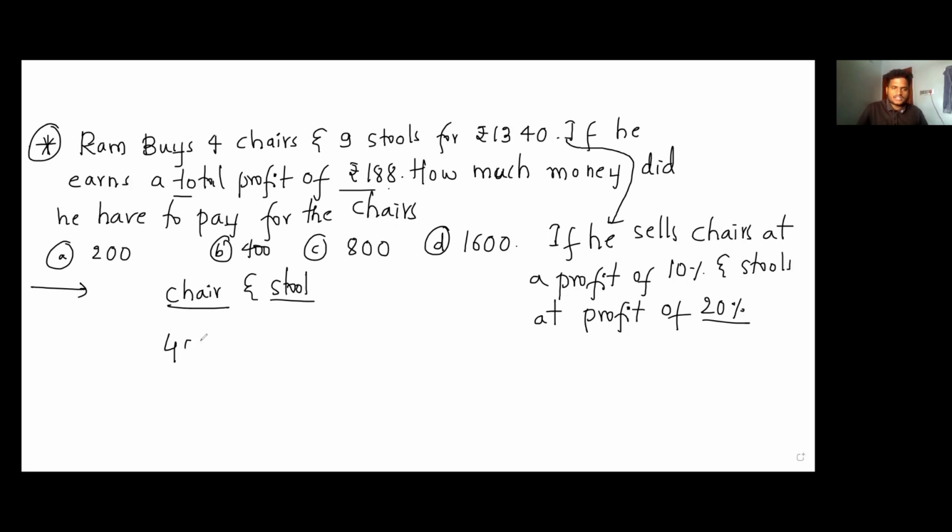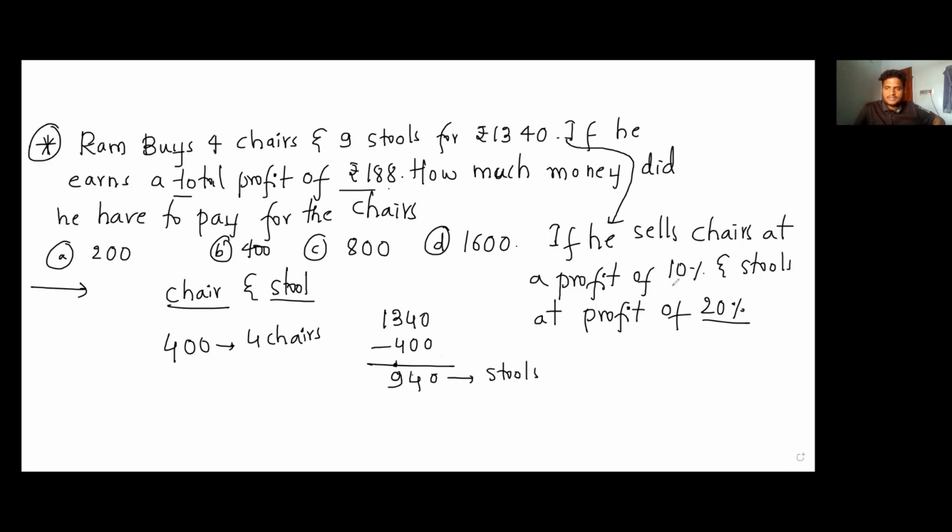If 400 is given for 4 chairs, then from 1340 I have to subtract 400. What will I be left with? 940. Yes or no? So 940 is given for stools.